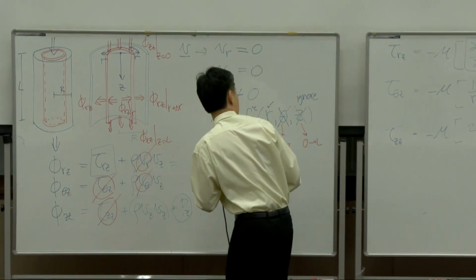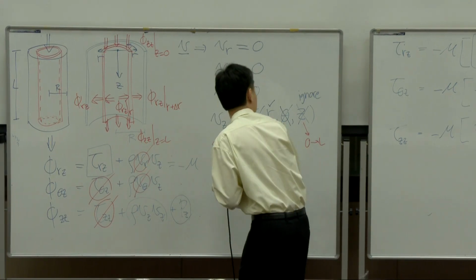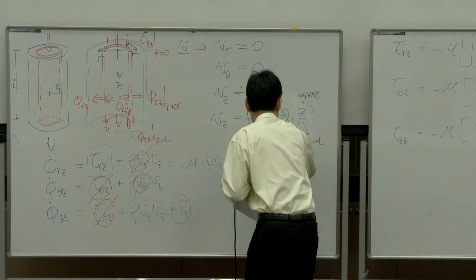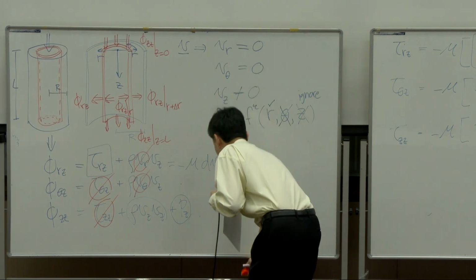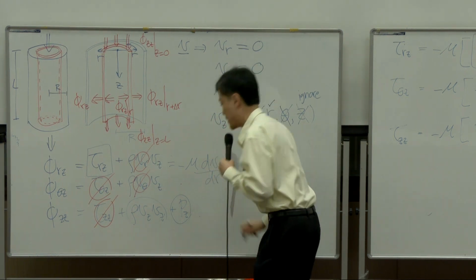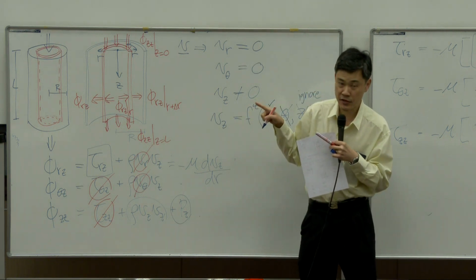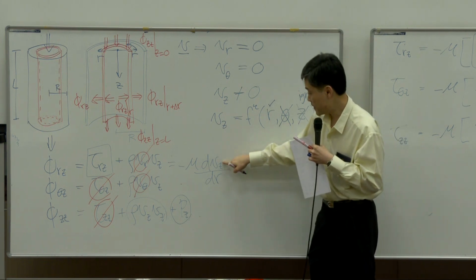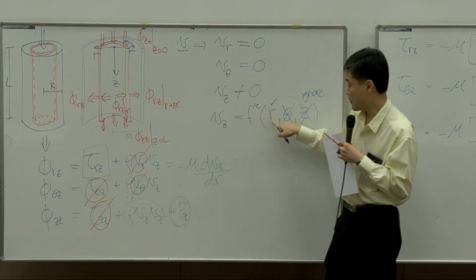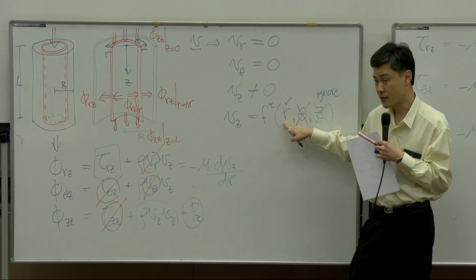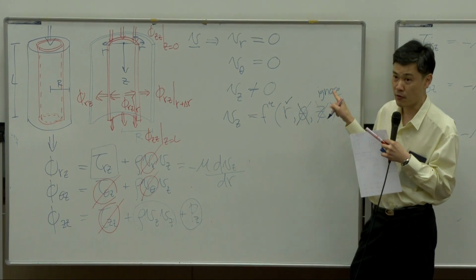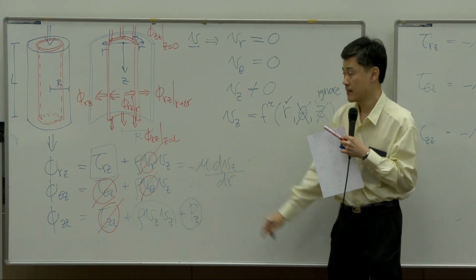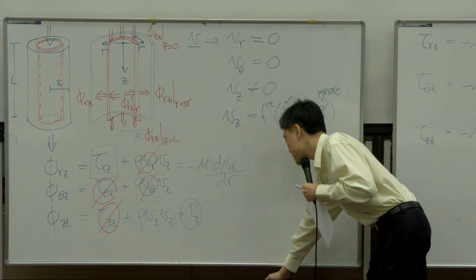So this would equal minus mu dVz by dr. Please note that I changed from partial differentiation to total differentiation because Vz is a function of R only. It's not a function of other variables. So I can change partial differentiation to total differentiation right away. It will be easier. Okay?